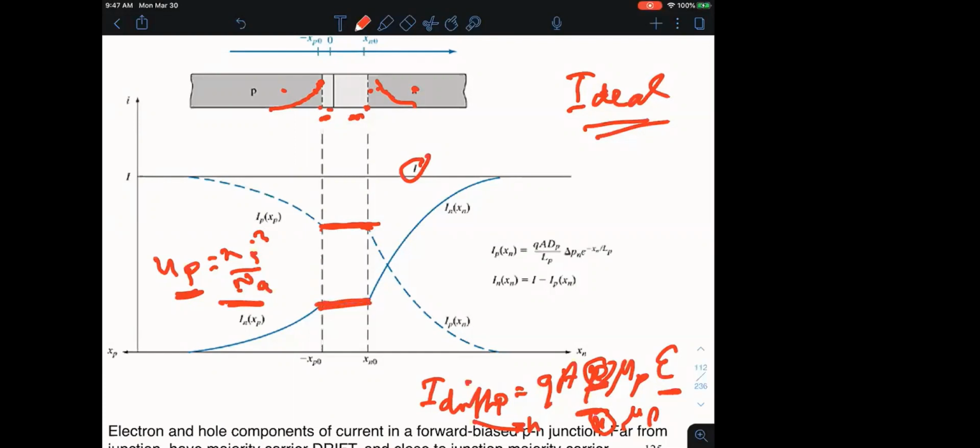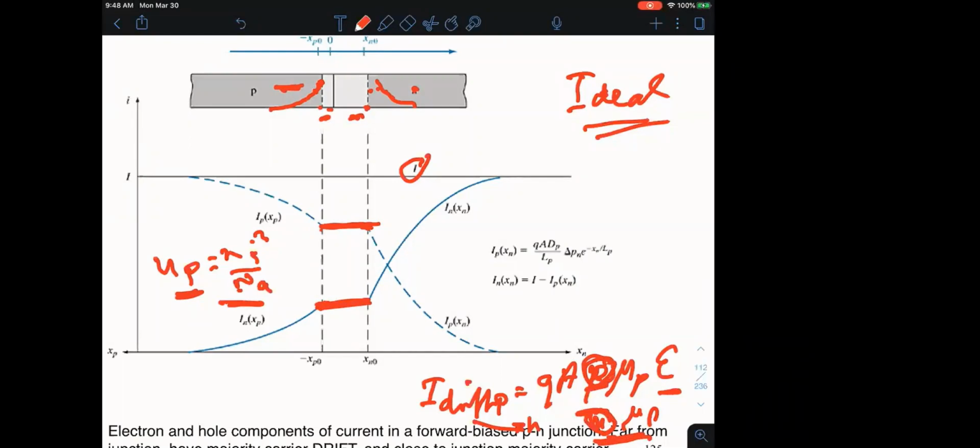Now for the electron current, I've calculated the diffusion current, but there could also be a drift current, right? Proportional to whatever the electric field is in this region. Now that's going to be a small electric field, but it will be non-zero, right? But even if there's a drift current, I've just proved that that drift current will be dominated by the hole drift current on the P side, right? Because the hole carrier concentration is much, much larger than the minority carrier electron concentration on this side.